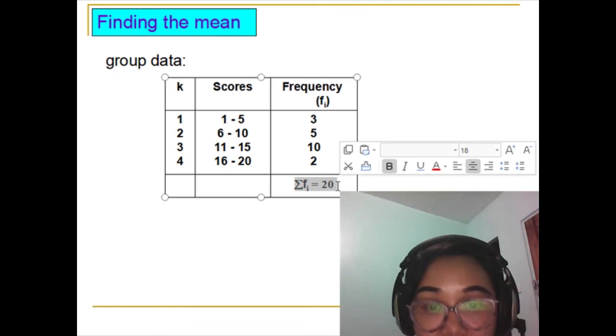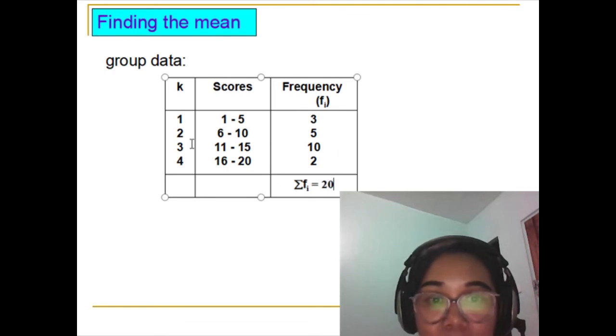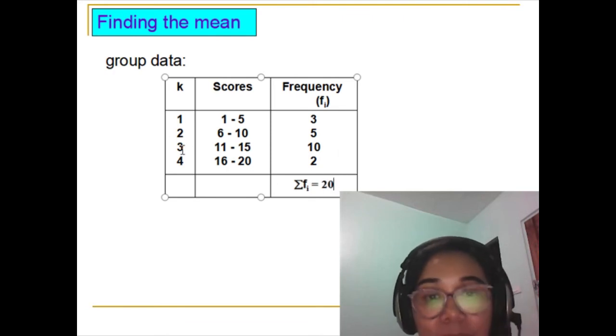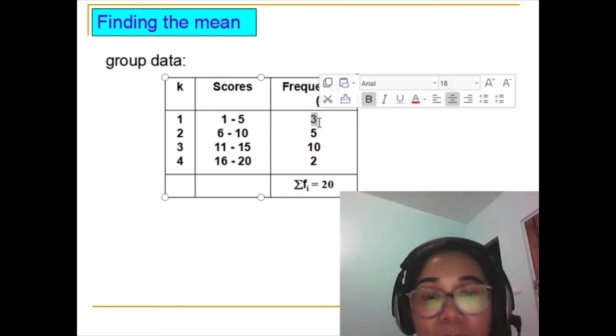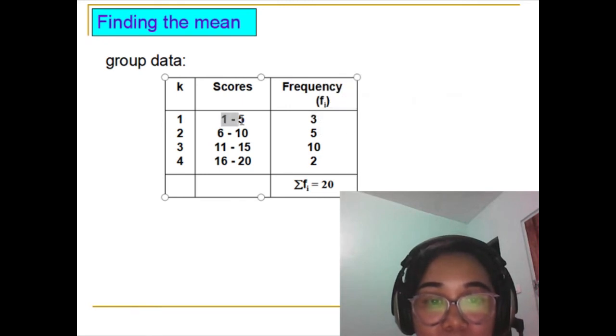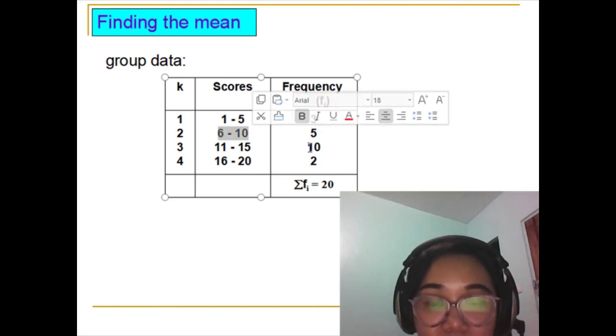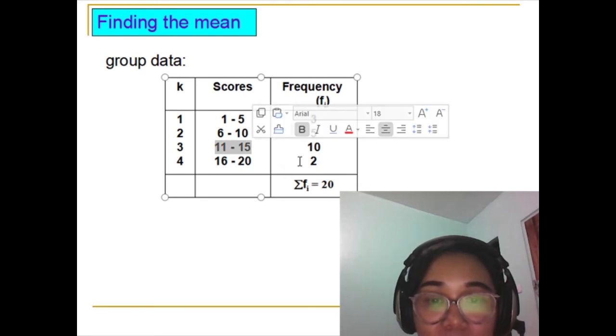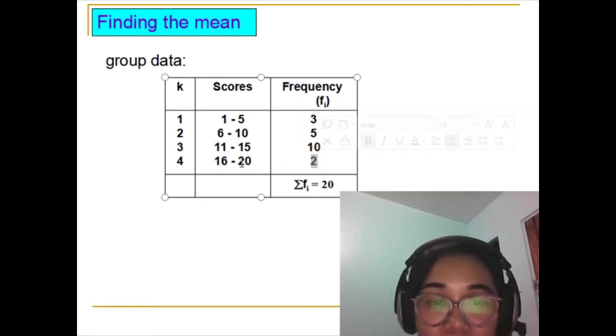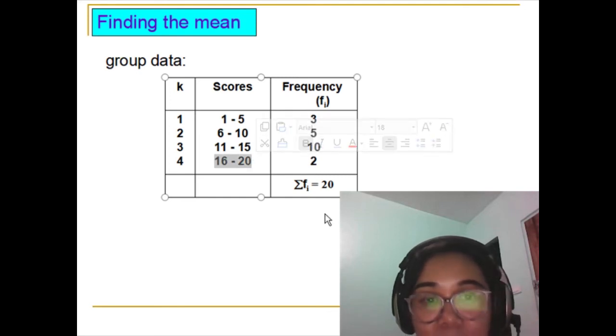We consider 20 students here with 4 class intervals. This 3 here means there are 3 students whose score is within 1 to 5. 5 students whose score is within 6 to 10. 10 students whose scores are within 11 to 15. And only 2 students with scores between 16 to 20.